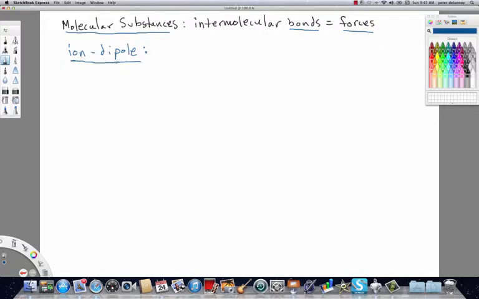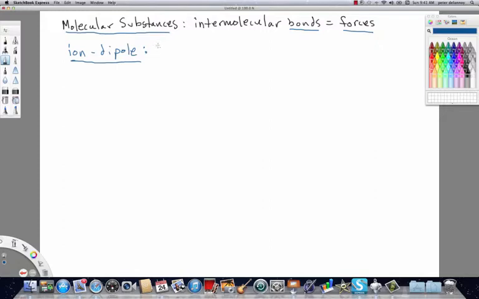Now the ion dipole forces are a unique type of force because it involves the interaction between an ion that is dissolved in some type of substance and the molecules that have to interact with that ion.